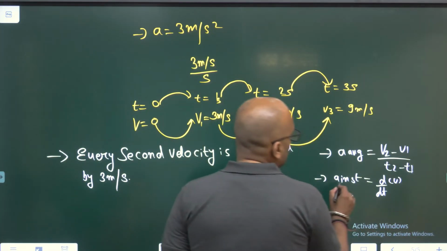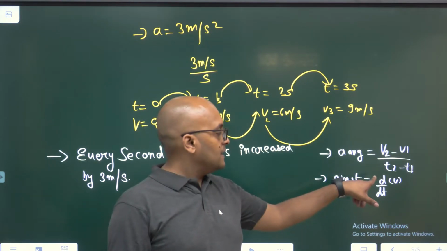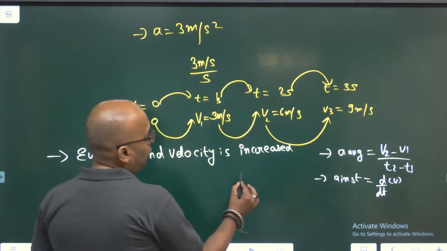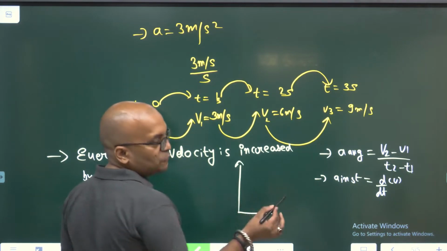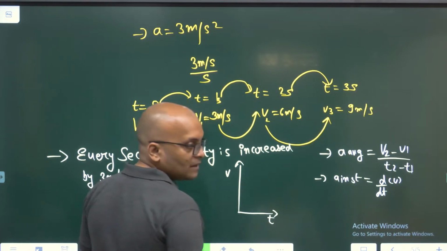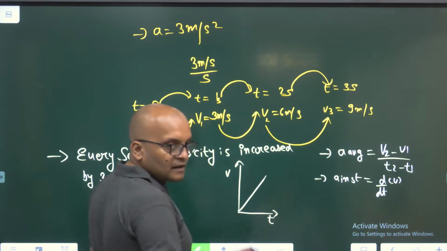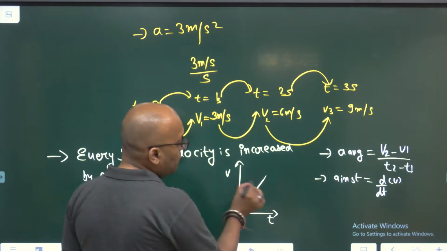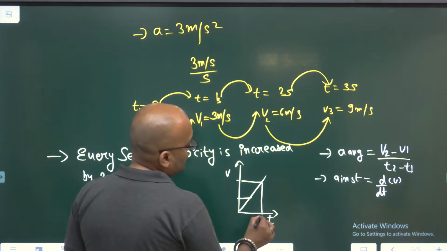If you plot a velocity time graph, same as we did for the ST graph, and suppose this is a curve, then the slope of this curve will give you acceleration.